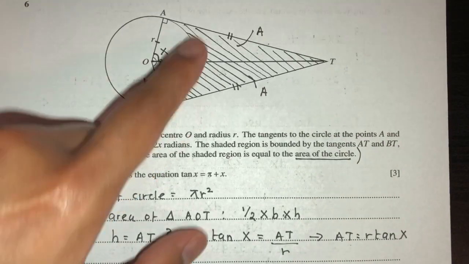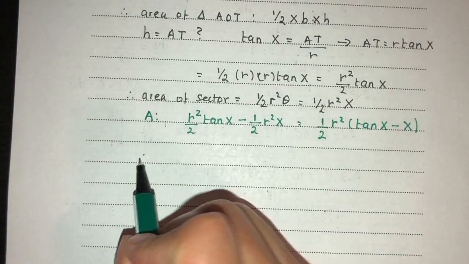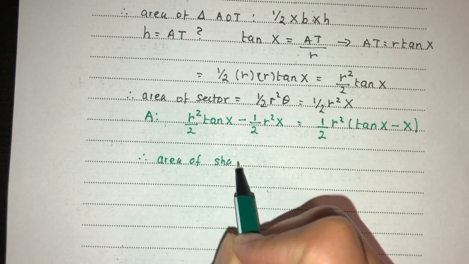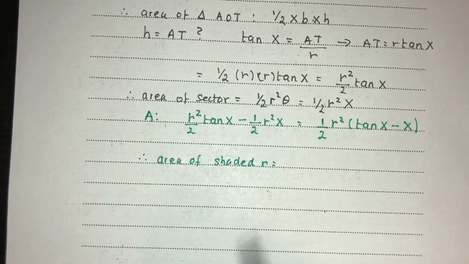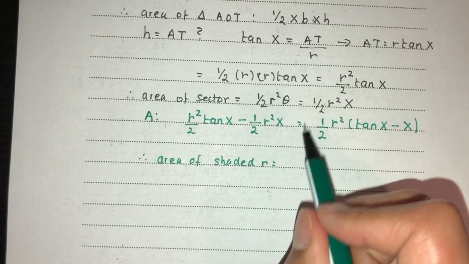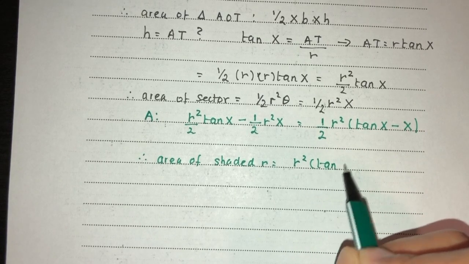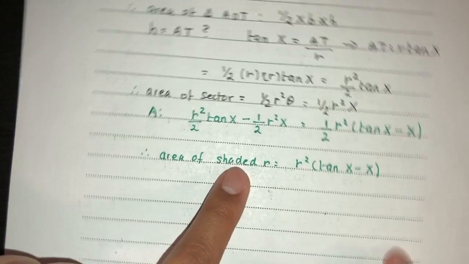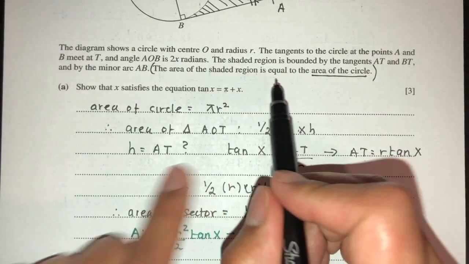Now the area of the shaded region is A plus A. So let's write down area of shaded region is 2 times this. 2 times this will cancel out the half. You will have r squared times (tan x minus x). Now since we have this and we have the circle, we know that these two are equal.